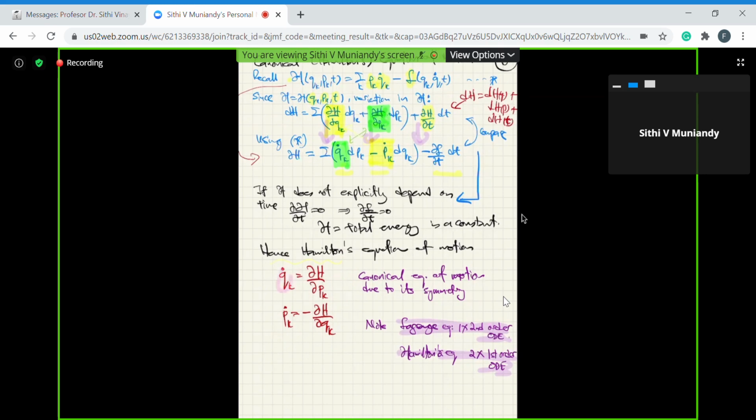The change of position here is connected to the momenta, and then the change in momenta is actually related to the position. There is a correspondence in this direction, and a correspondence in this direction. The symmetry is quite interesting in the way it sits. It's a very nice mathematical structure.